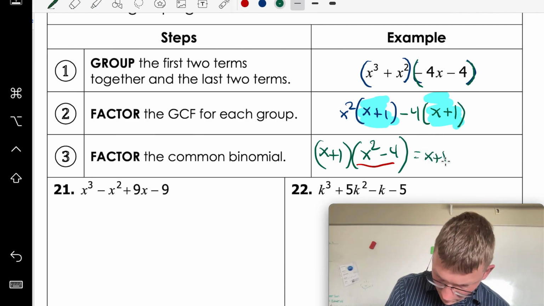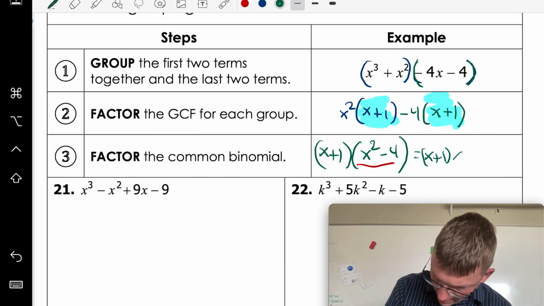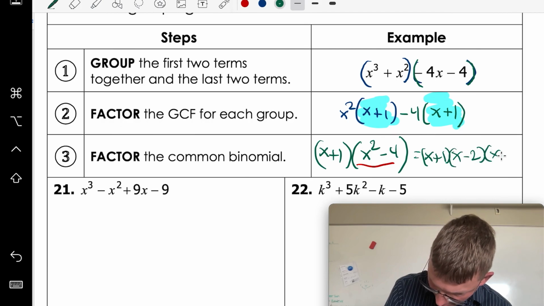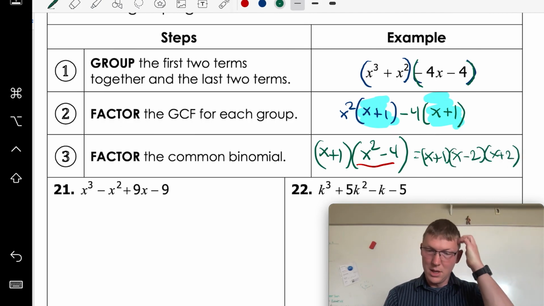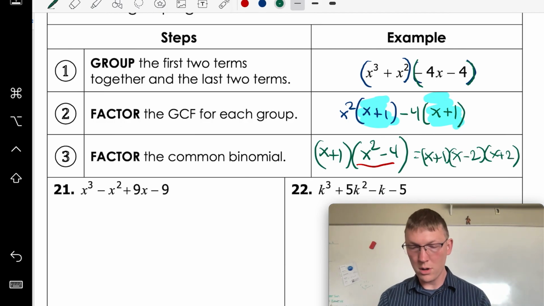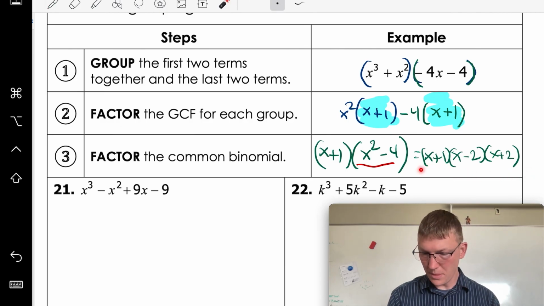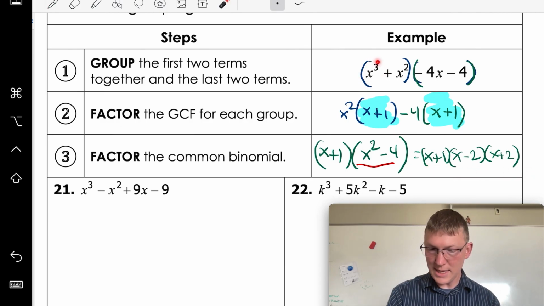We got x plus 1. That's coming from right there. So then we're going to have x minus 2, x plus 2. And there we go. We factored an item with 4 terms. So if you look at this one, you can kind of tell. So we have x cubed, x squared, and so on and so forth.